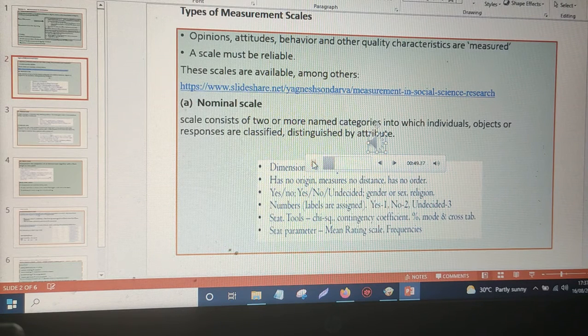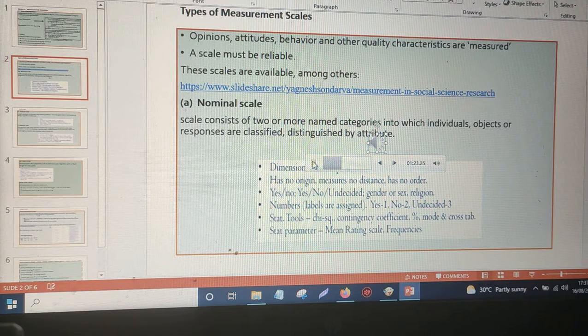But the major ones are: one, nominal scale. This scale consists of two or more named categories into which individual objects or responses are classified, and usually the classifications or categorizations are distinguished by their attributes. Dimension is not important here, and the nominal scale has no origin, it measures no distance, and has no order.